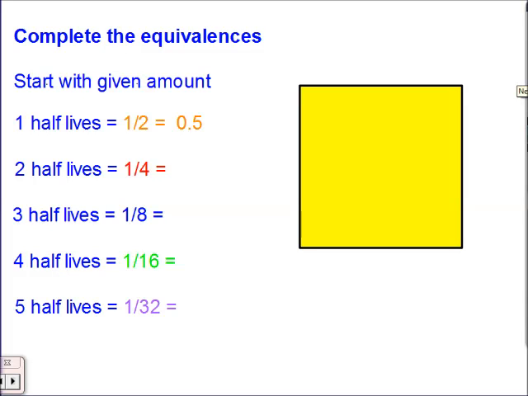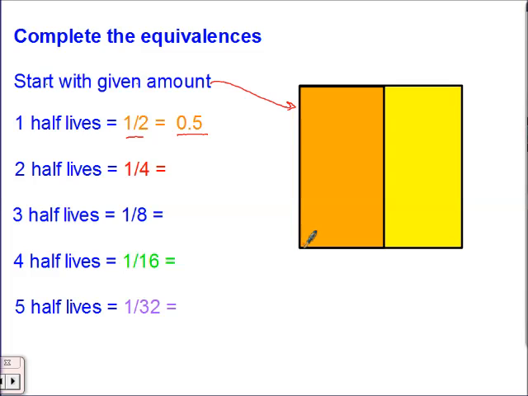So I want to start out with a given amount. Let's say I have this amount of a substance. We want to be able to convert half-lives to fractions. 1 half-life is a half, which as a fraction is 0.5. After 1 half-life has passed, I have half of that remaining.